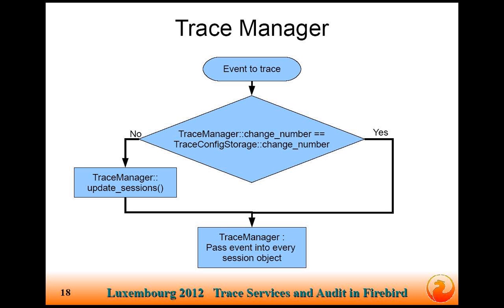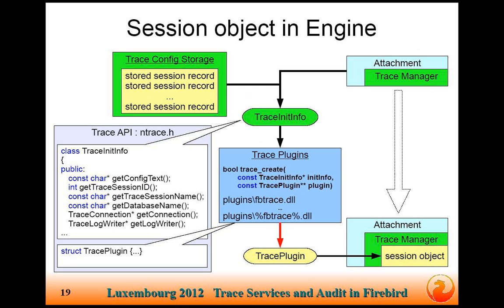If it's equal, then all is okay, and the trace manager can pass the event into existing session objects. If not, the trace manager should update its own list of sessions and only then pass these events into the corresponding sessions.